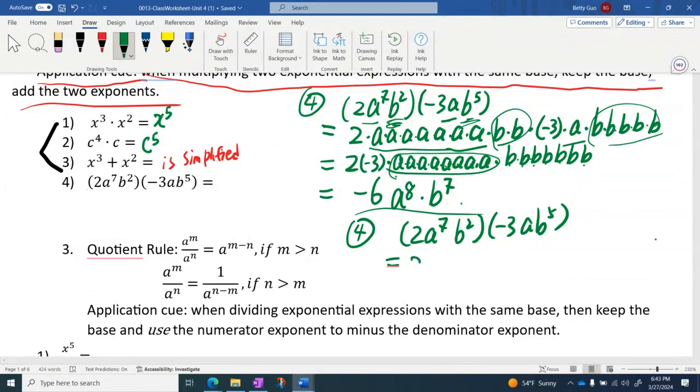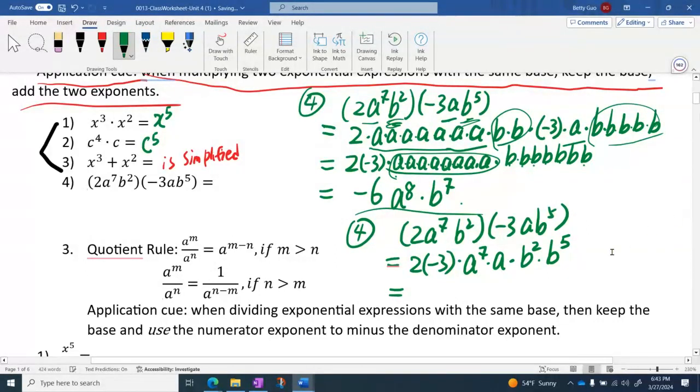So we can write 2 and -3 together, and then write a to the power 7 and a together, and then b squared with b to the fifth together, because the order of those factors in the multiplication doesn't matter, due to the commutative and associative properties of real numbers when it comes to multiplication.